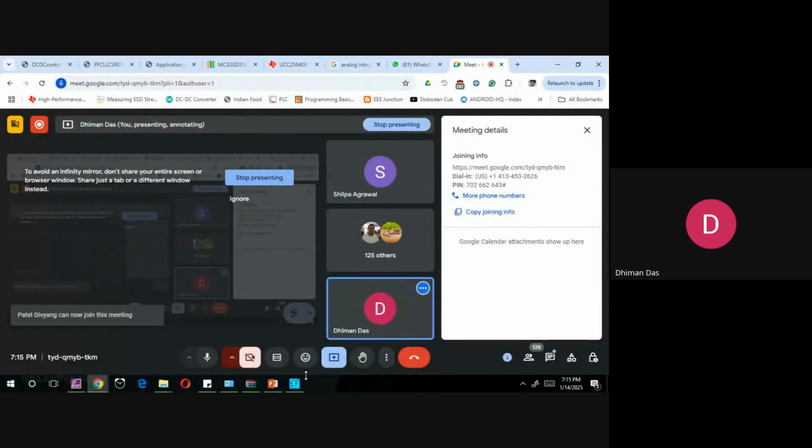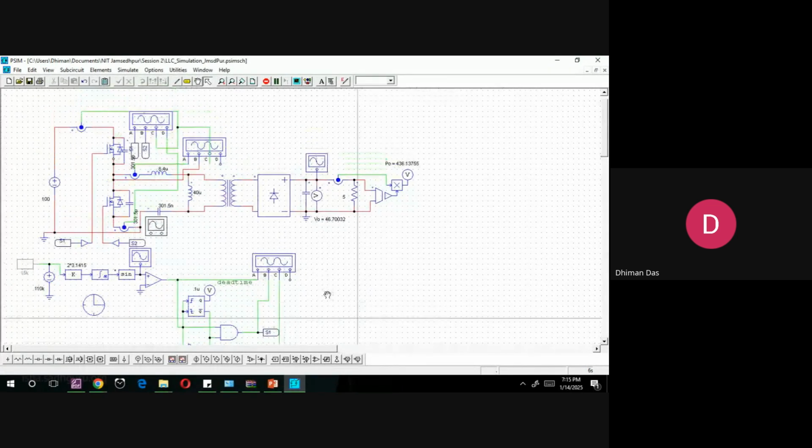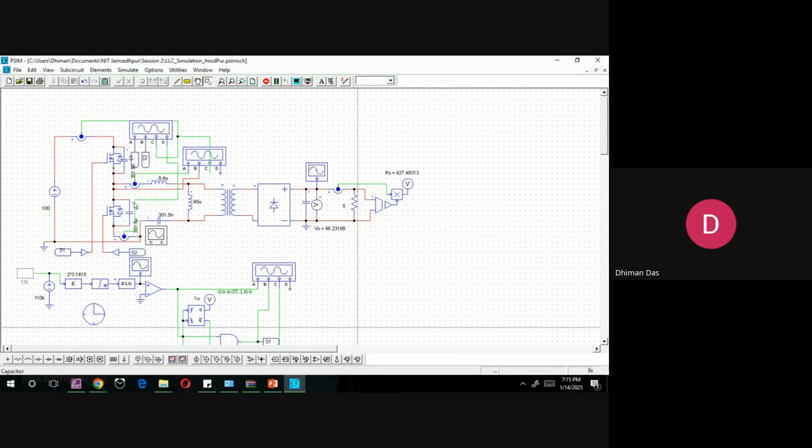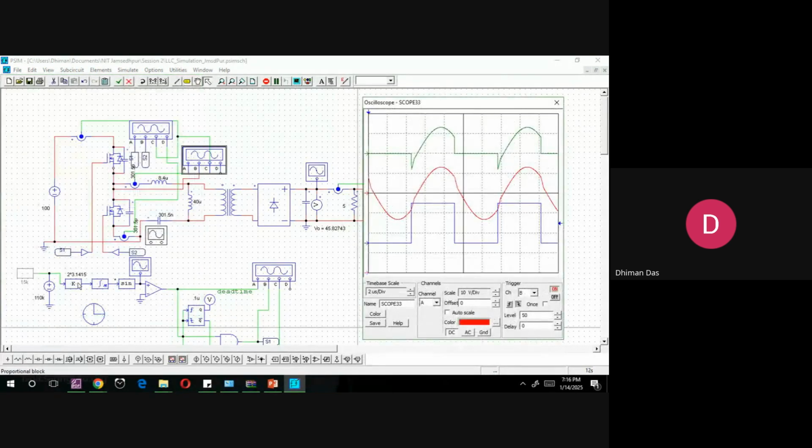Can you see my screen? Yes, sir. See, this is the PSIM software. This is a very old version from my PhD days. Still, I am using it, so you can see everything. This is the resonating circuit. Now, if I change it to runtime, you can see the output voltage also.